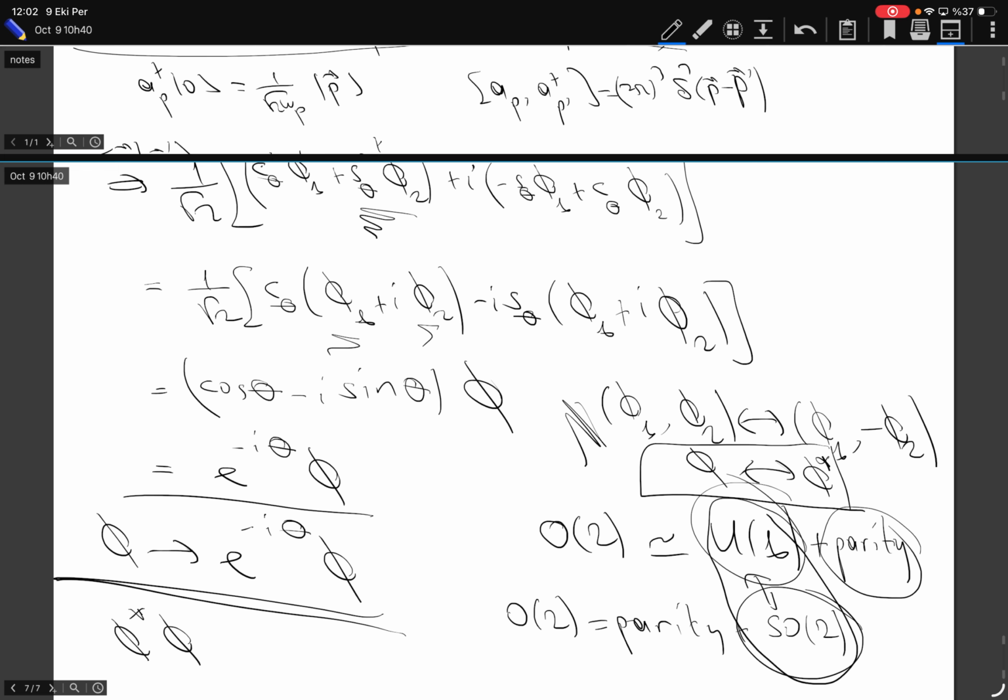Now I'm emphasizing this symmetry because I will be using it probably in the next hour. We will start looking at the Noether theorem. But before that, let's look at the vector fields.